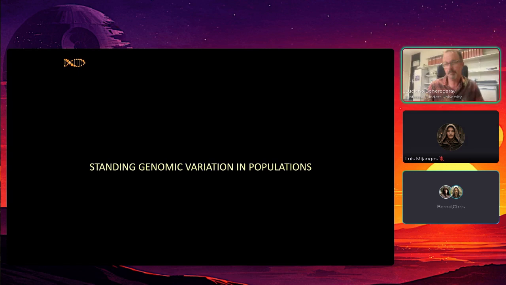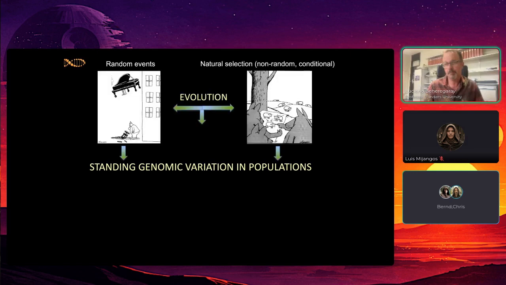This is a central definition to understanding natural selection, because the standing genomic variation that we have in wild populations comes from a complex interplay of random events, especially natural genetic drift, and non-random events that are conditional on particular circumstances that relate to natural selection, both environmental natural selection and human pressures, because we are indeed a main component of natural selection these days.